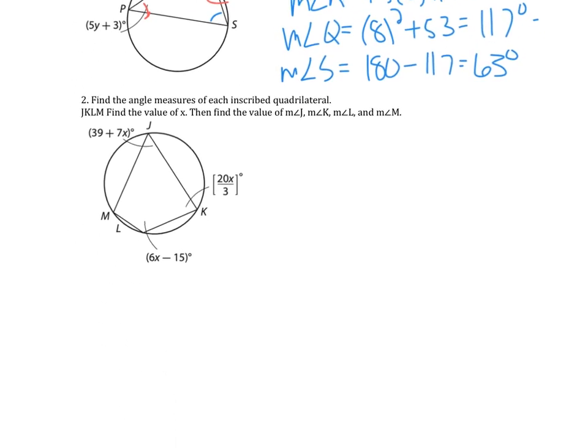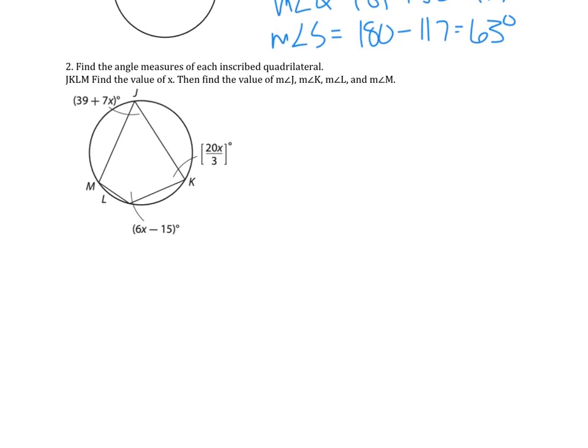All right, so let's look at number 2 here. So similar deal, we have an inscribed quadrilateral, JKLM, find the value of x, and then find the value of each corresponding angle. So our opposite angles here are J and L. That L is kind of off there.